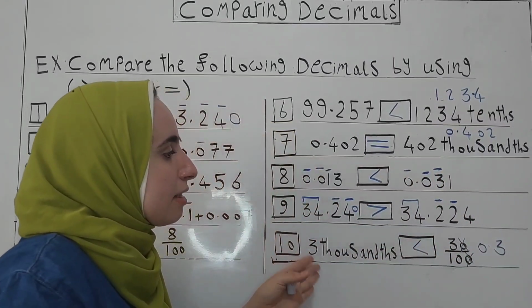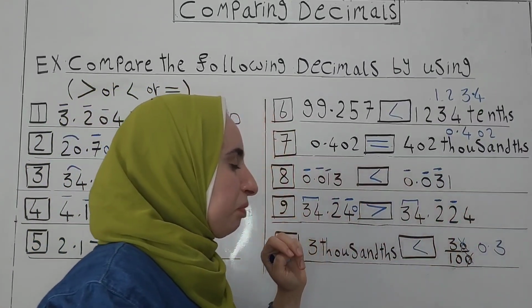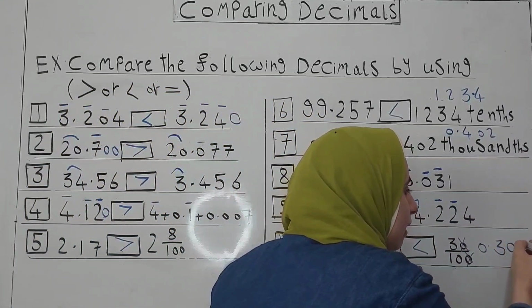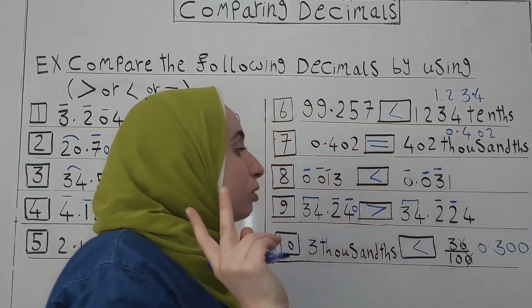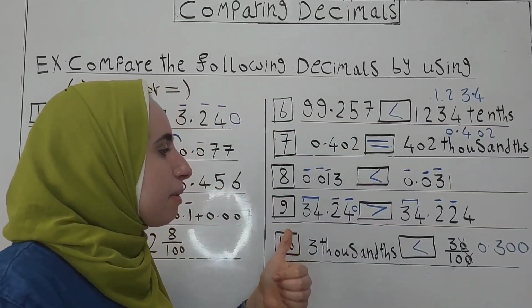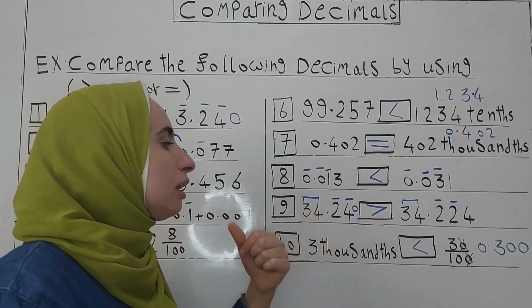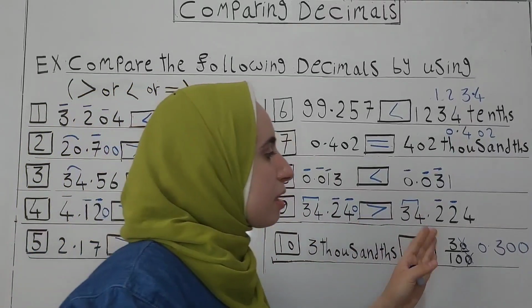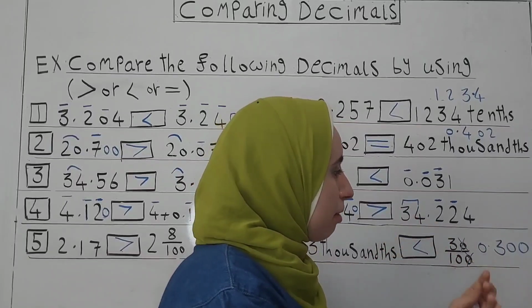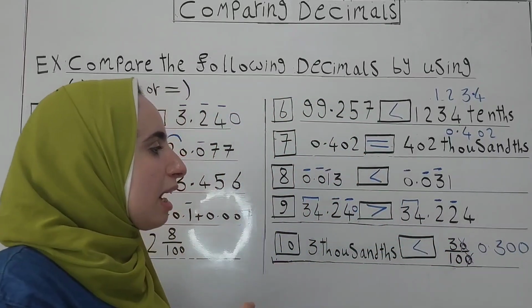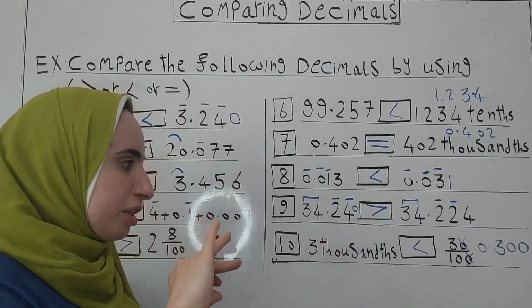The first number is smaller than the second number, because when we hold the hundredth and the thousandth with 2 zeros, the decimal part in the first number has only 3, and the decimal part in the second number has 300, and 300 is greater than 3.